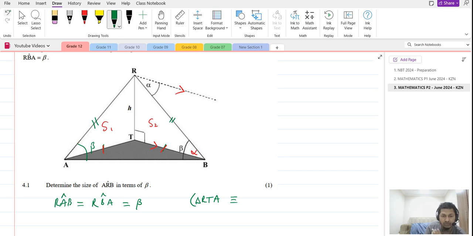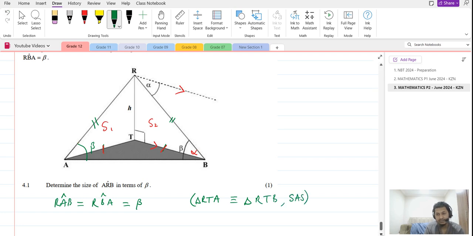Well, I know the answer: because we got beta here, that's 180 minus 2 beta, sum of angles of triangle. So triangle RTA is congruent to triangle RTB, and that was because of side angle side.